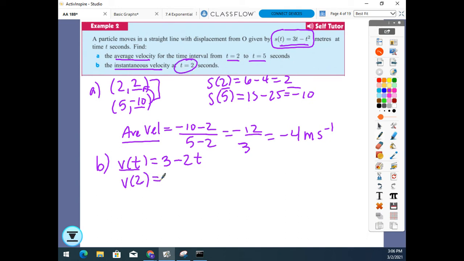At 2 seconds, how fast is the particle moving? Negative 1 meters per second. So notice between 2 and 5 seconds, it travels at an average velocity of negative 4 meters per second, but exactly at 2, it's only traveling at negative 1 meters per second.